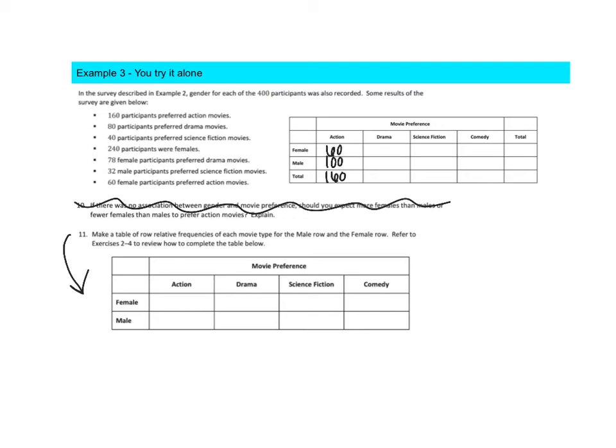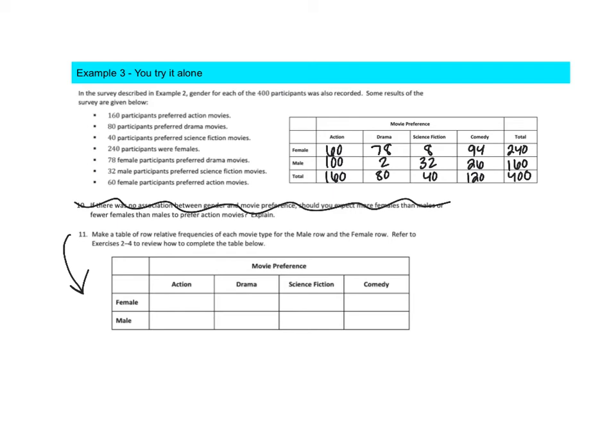We have 78 to 80. 8, 32, 40, 94, 26, 120, and 240, 160, 400.